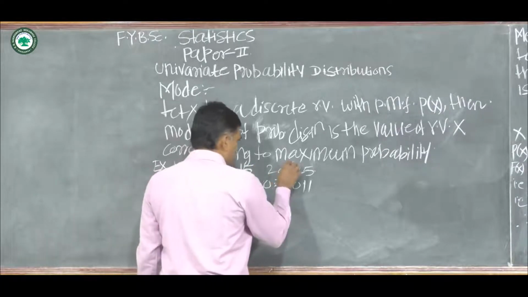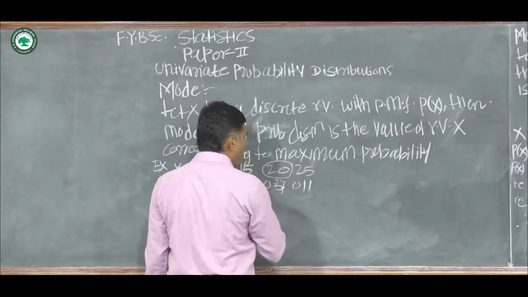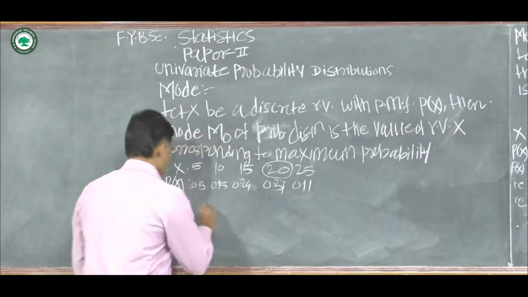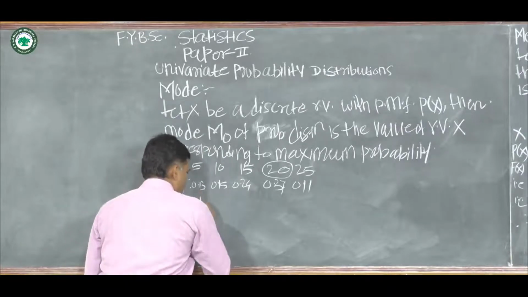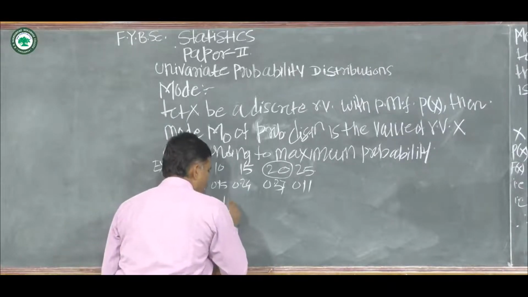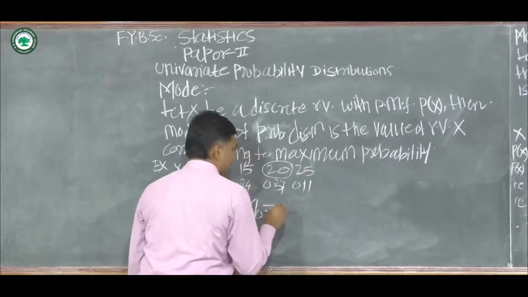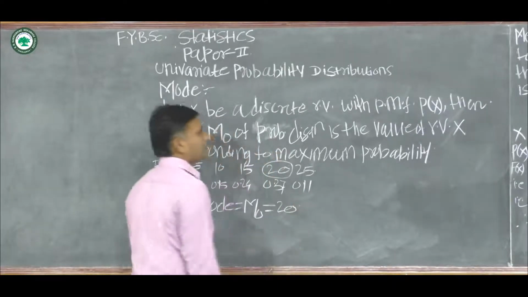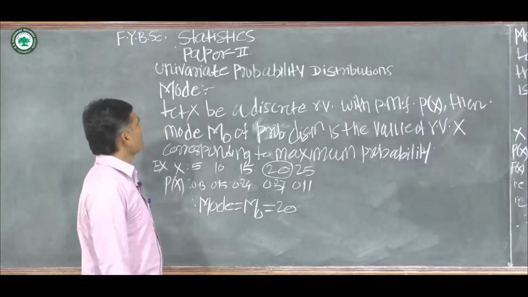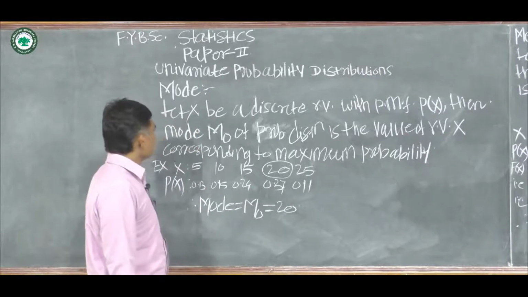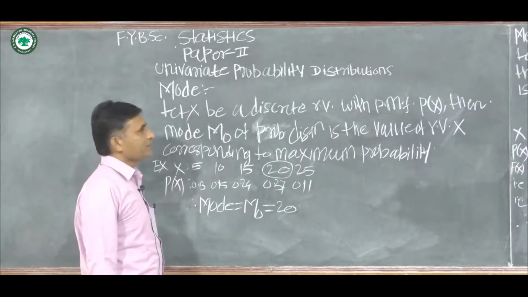Therefore, 20 is the mode of the given probability distribution, that is, M0 is equal to 20. In this way, we can compute the mode of a given probability distribution.